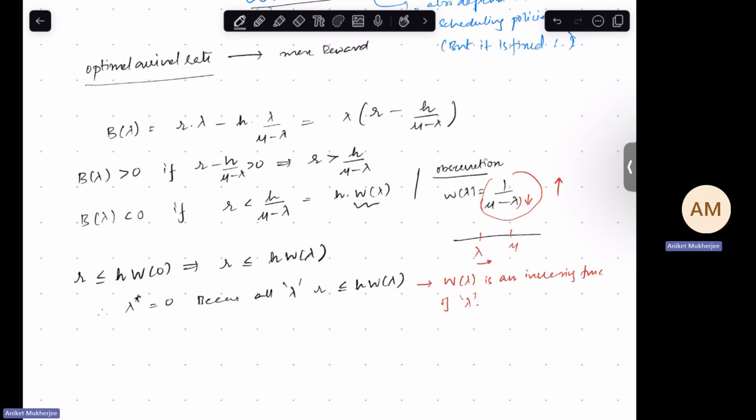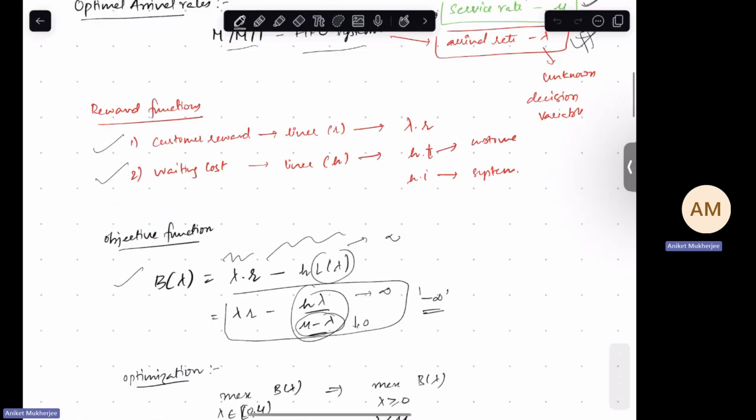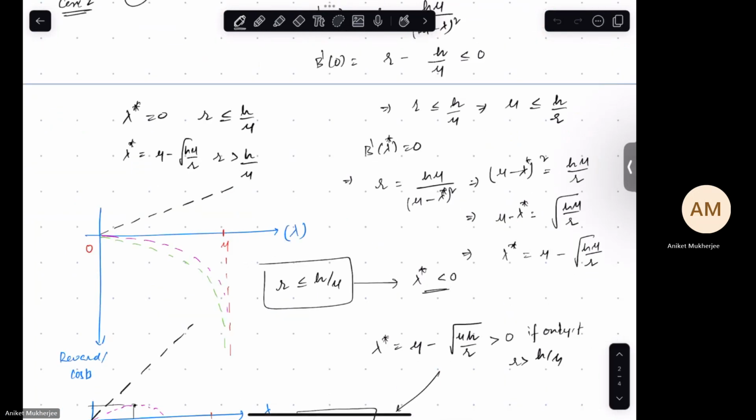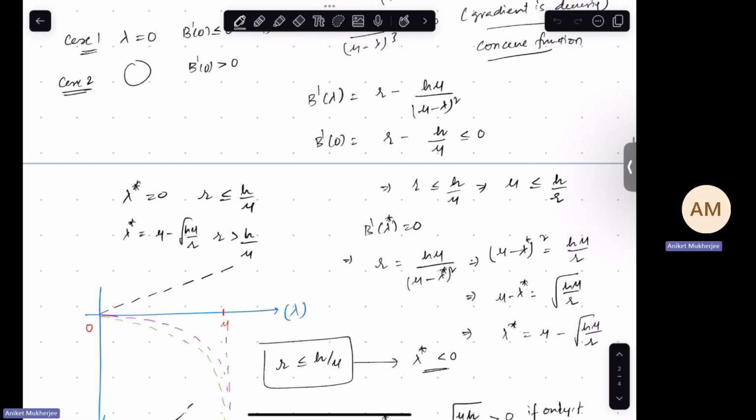And this we saw yesterday. If R is less than or equal to H by mu, then lambda star equals 0. If R is less than or equal to H by mu, then R is less than or equal to H by (mu minus lambda), because now I have decreased the denominator, so I have increased this term.